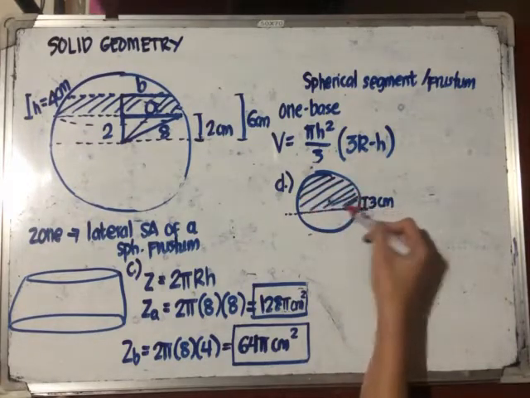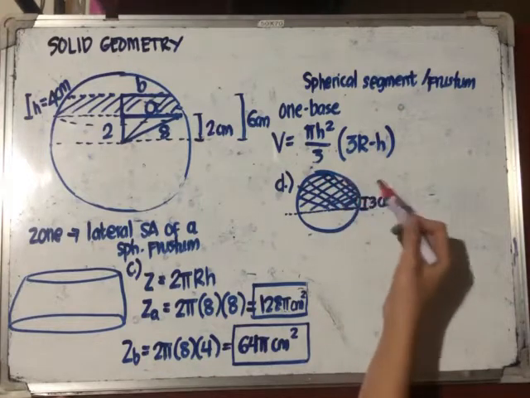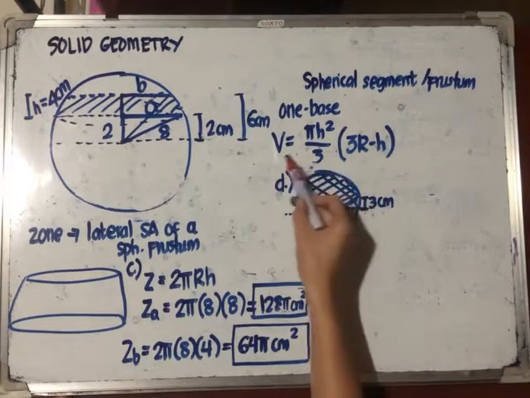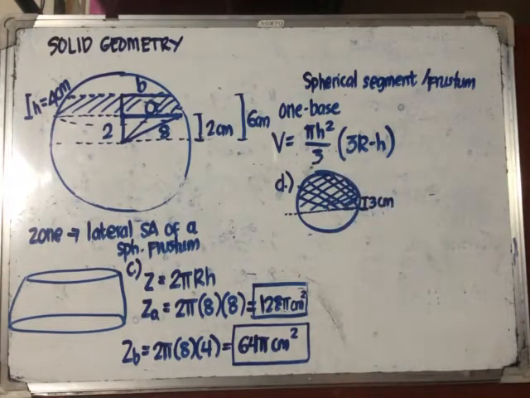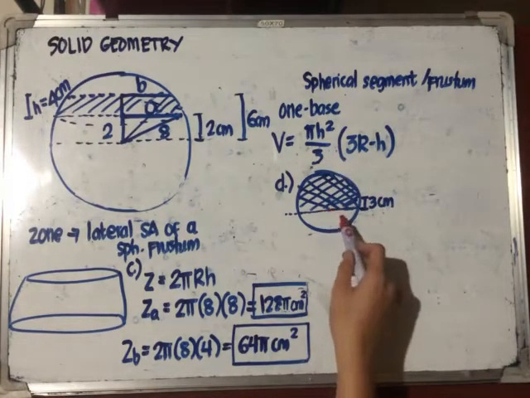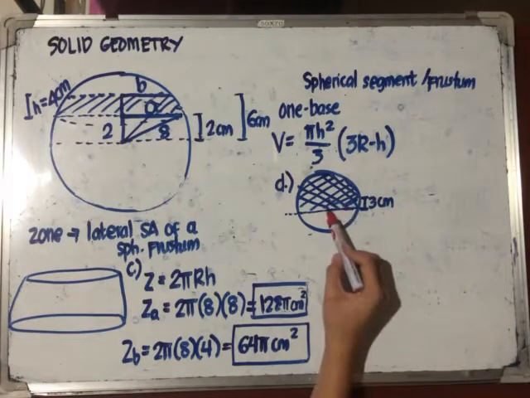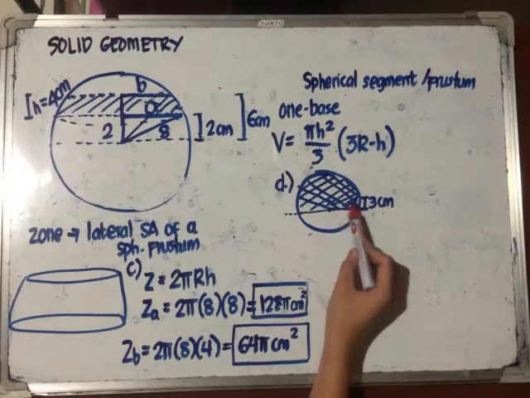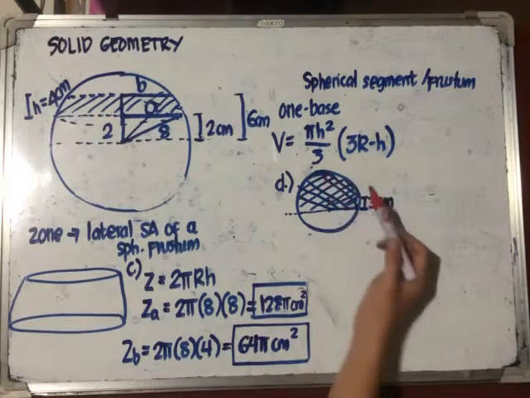This one here. And that's the case where you will be using your H squared, this one-base formula. Actually, you can still use the two-base formula here, right? Because there is an A and a B. So you also take the other radius here. And then the B you will use is zero, because you have no circular section on top.